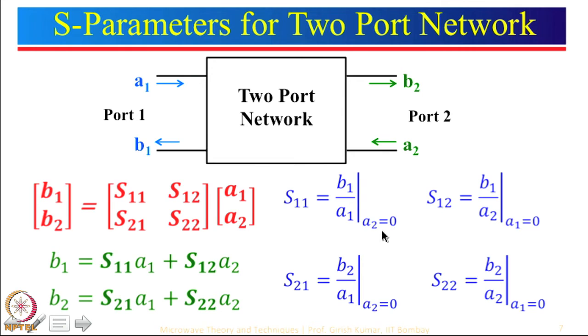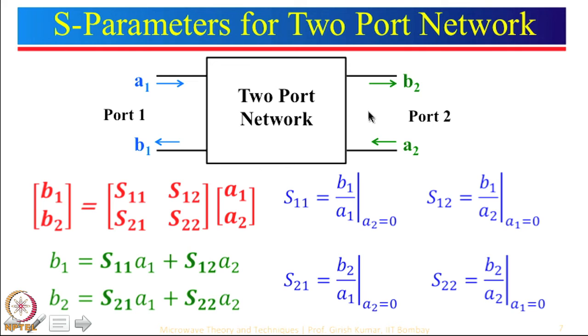Now here, unlike the previous case where voltage equal to 0 implied short circuit, current equal to 0 implied open circuit, here A2 equal to 0 implies match load termination. If you recall, when we had mentioned about it, that if something is going from here and over here, so nothing should reflect back, and nothing will reflect back only when it is terminated into a matched load.